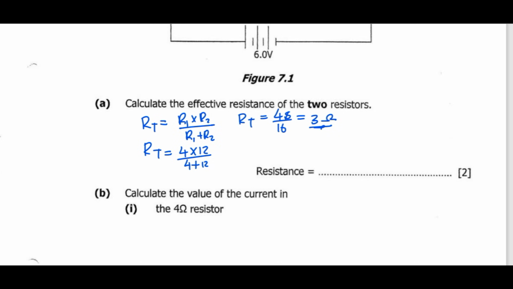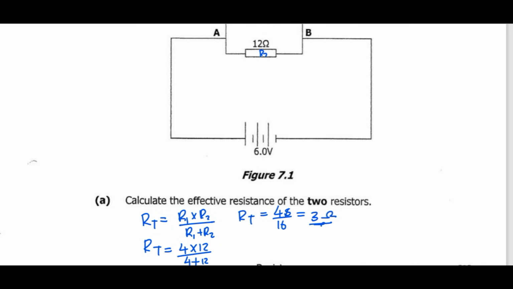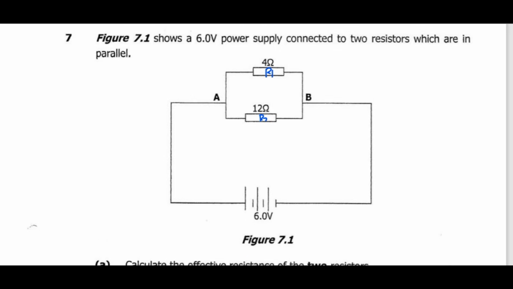Then calculate the value of current in the 4 ohm resistor. Let's go back. So how much current was going through the 4 ohm resistor? You know that if our source is 6, here we are going to have 6 volts. Also here we are going to have 6 volts.